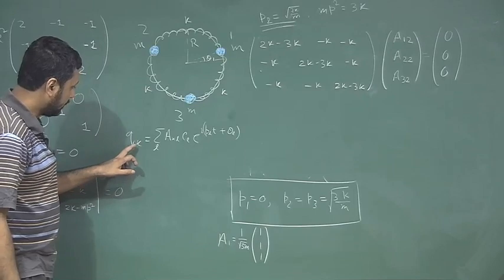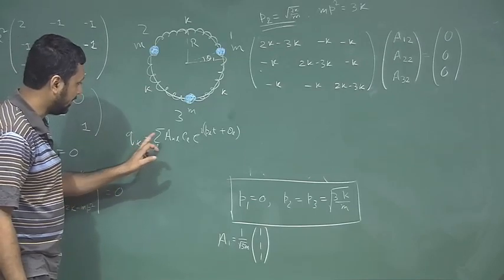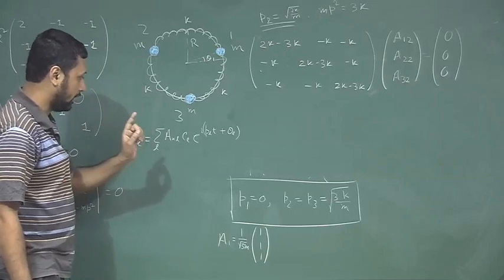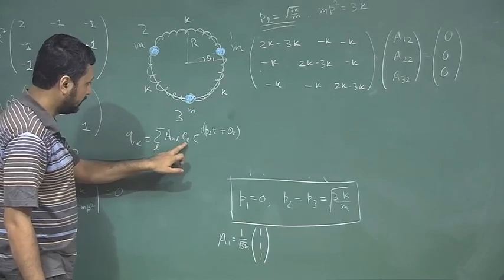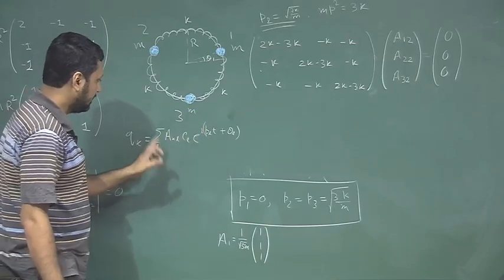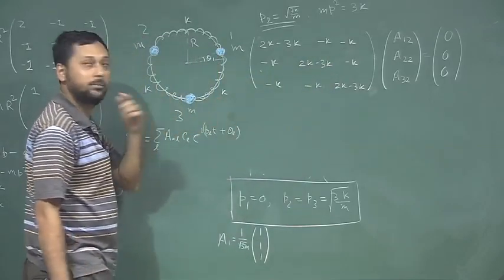See, when we write the general solution, Q1 will have A 1 1 C 1 e to the power i p 1 t plus A 1 2, so this has to be A 1 2, and the third one will be A 1 3.